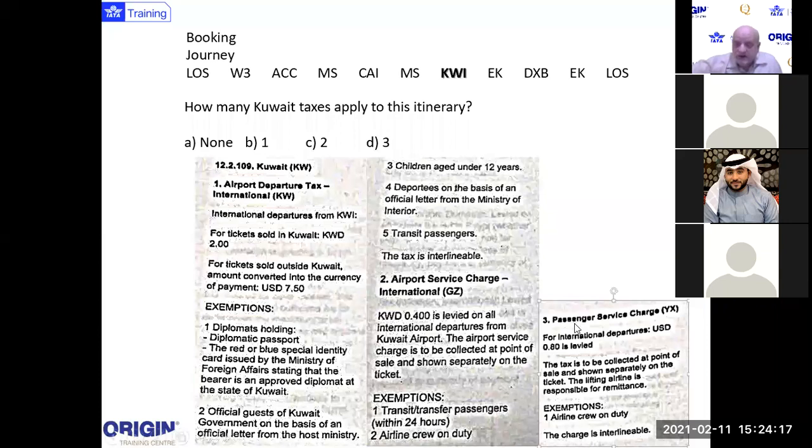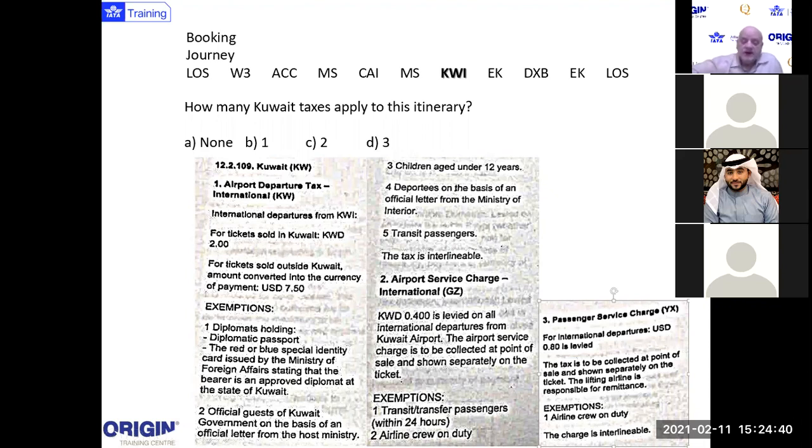Let's have a look at this one. Passenger service charge. For international departures, USD 0.80. Tax to be collected at point of sale, shown separately on the ticket. The lifting airline is responsible for remittance.